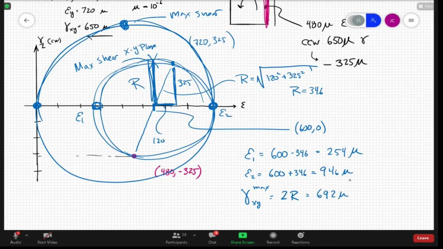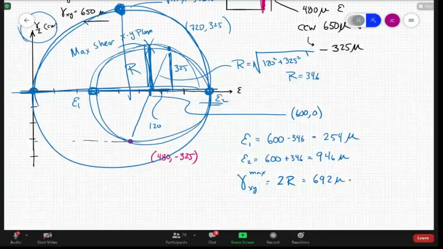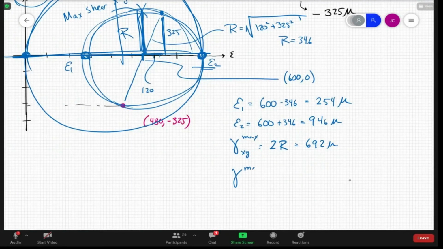Now, to get the max overall, it's the radius of the bigger circle, and again we have to multiply it by 2 because we have this strain over 2. So it's really the diameter of the bigger circle, and the diameter of the bigger circle in this case is just the second principal strain. So the overall max is going to be 946. Okay? And that's how you would do that problem.